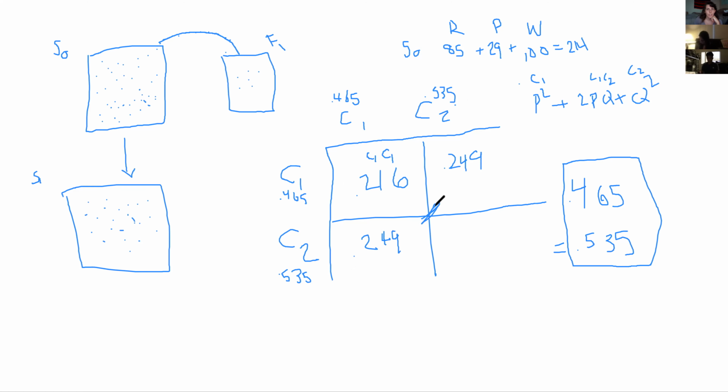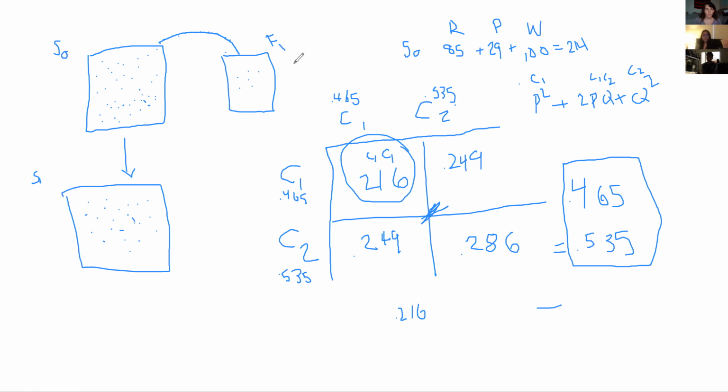So these guys are matching. And then we have finally C2 times C2, and that's going to be 0.286, 0.535 times 0.535. Great, we have filled out the square. Now just to get to that final little push, let's look for the C1, C1. That's going to be 0.216.